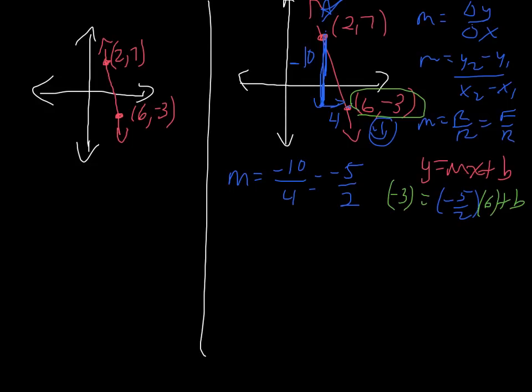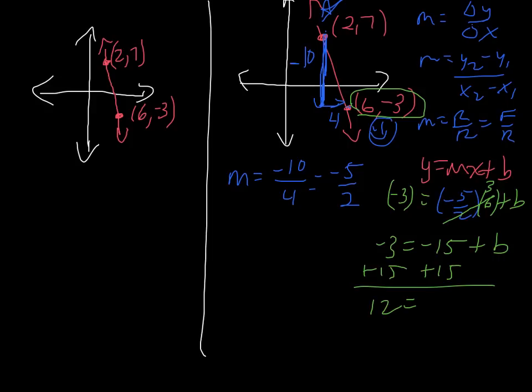So once again, I would like you to simplify those out, and that becomes a 3. So then I have negative 3 equals negative 15 plus b. Add 15 to both sides. 12 is equal to b.